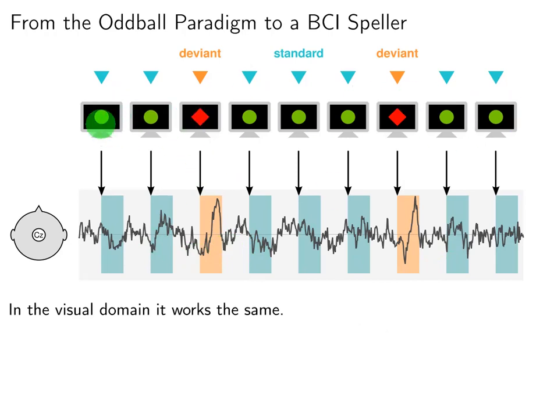For example, instead of hearing different tones of music, let's assume that we have a monitor placed in front of us, and that monitor is showing us a sequence of two different kinds of visual stimuli that contains either circles or a square or this kind of a ramp shaped stimuli.